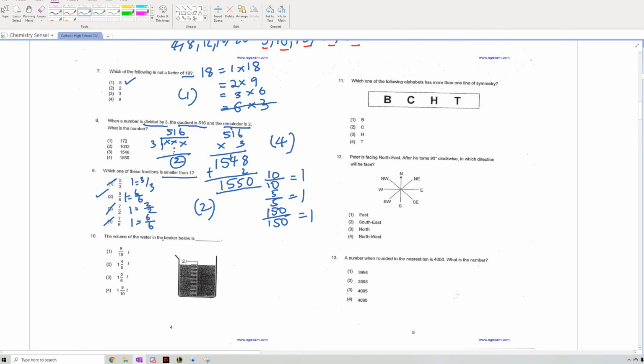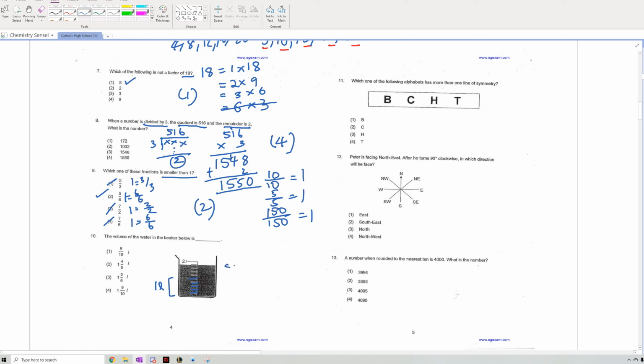Question 10. The volume of the water in the beaker below is... So over here we have 1 liter. 1 liter has how many markings? 1, 2, 3, 4, 5.